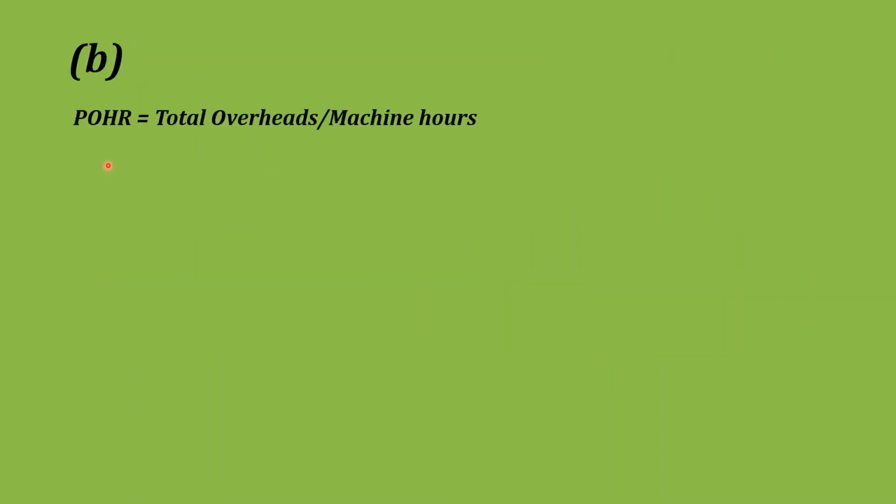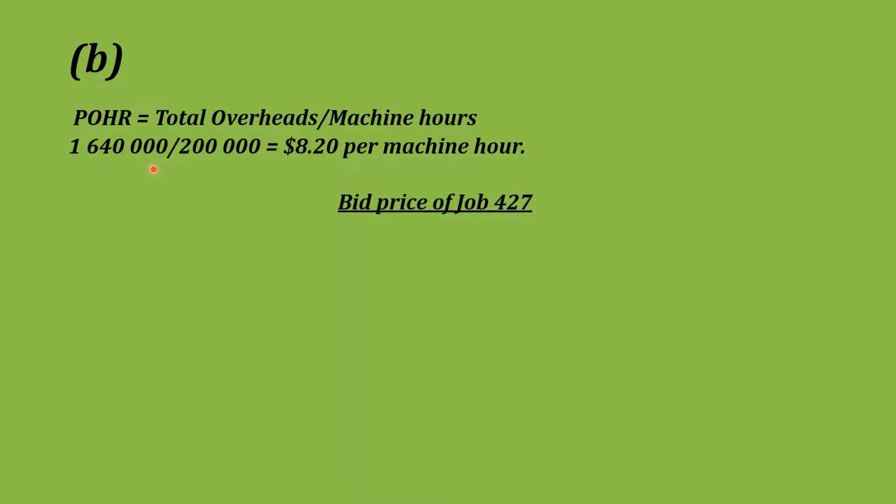B requires the bid price of job 427. The PUHR we calculated first is the total overheads divided by the machine hours. So that gives us 1,640,000 divided by 200,000 equals $8.20 per machine hour. So we would use that now to calculate our overheads.